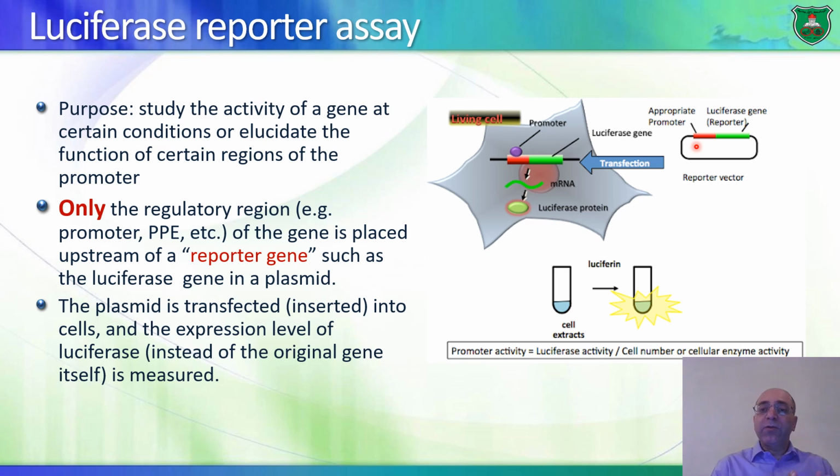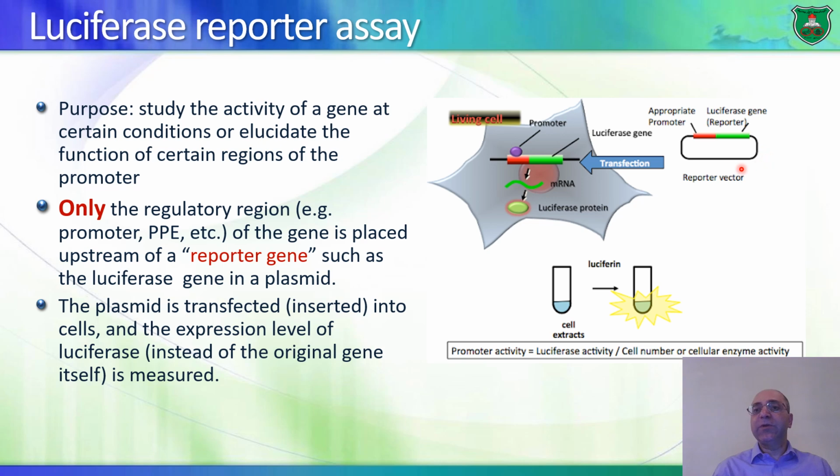We're not really concerned about the gene of interest itself. We are concerned about the regulatory elements that control the expression of that gene. So we put the luciferase gene under the control of these regulatory elements.